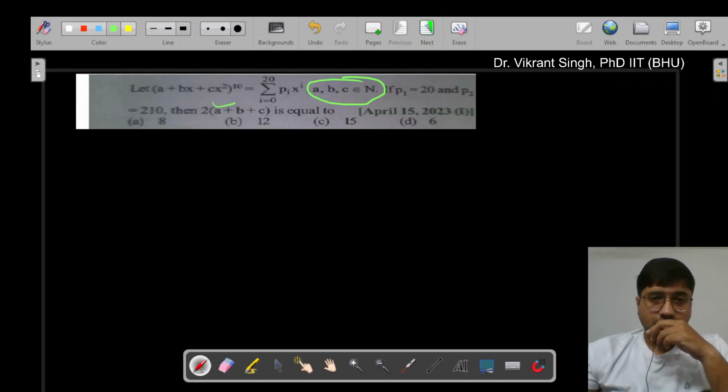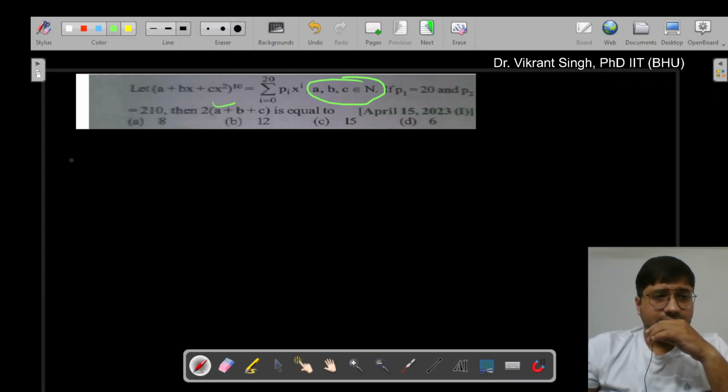Firstly, we know the multinomial theorem, so we have to use the multinomial theorem here, right? So how do we get the coefficients of x and x square? We have to use the multinomial theorem, because p1 is the coefficient of x.